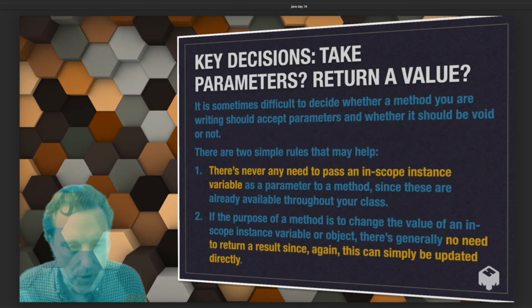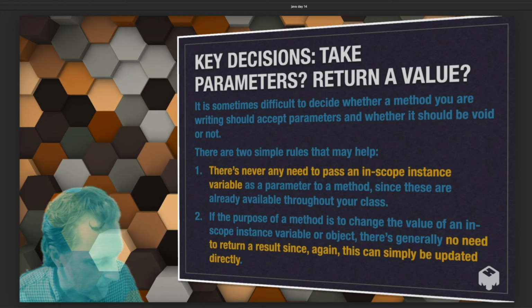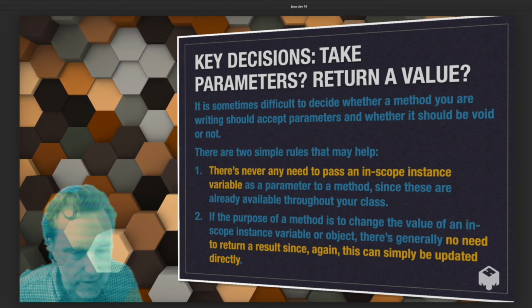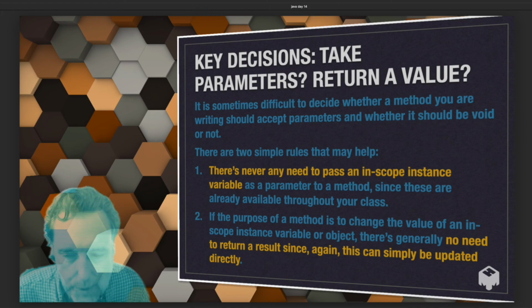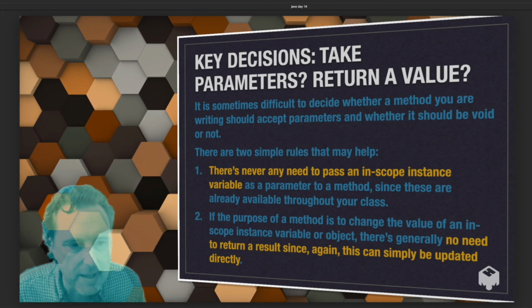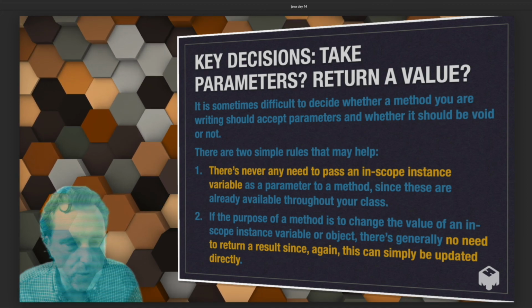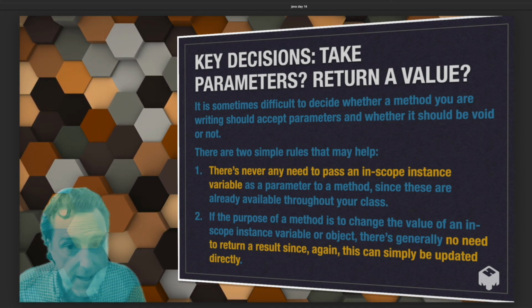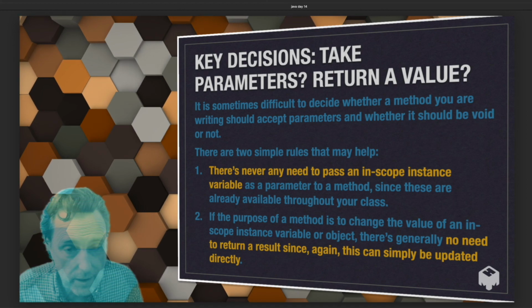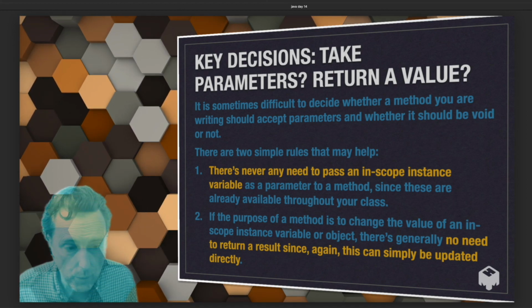All right, so the thing a lot of people get stuck on is just these two questions. We have this 2x2 cell, we have these two questions we need to ask ourselves and to answer, and the answers will drive how we write the method. So these are the two key decisions: do I take parameters or not, and do I return a value or not?